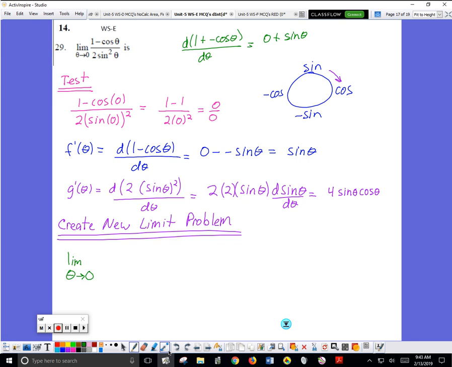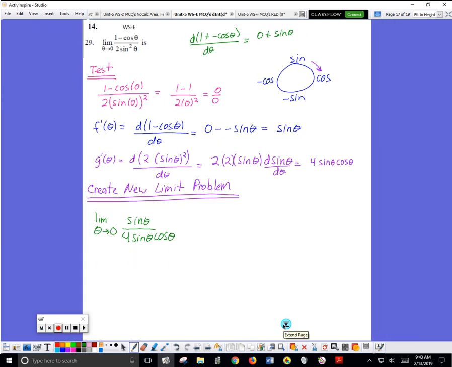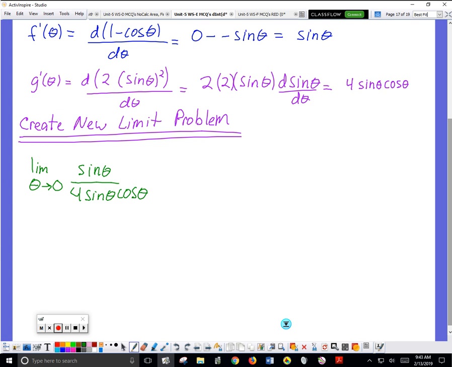Okay. So this becomes sine of theta divided by 4 sine of theta cosine theta. Questions? No, that's the limit problem.